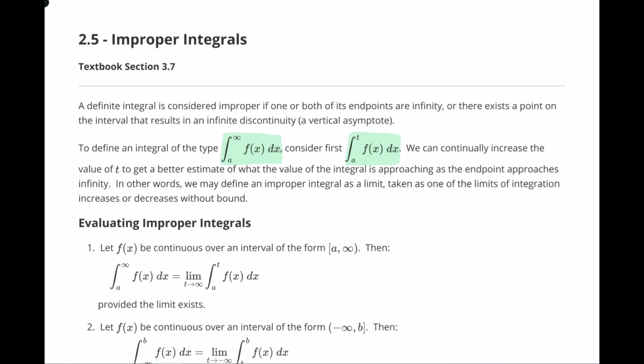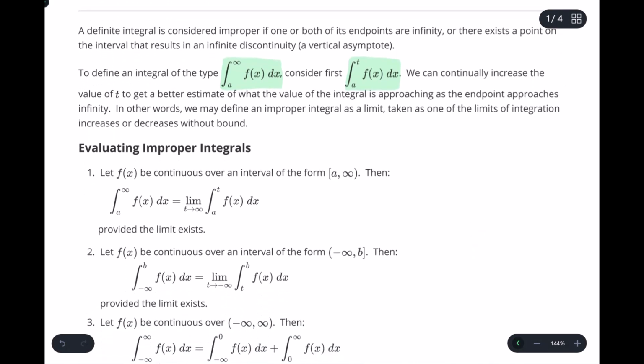So, in order to evaluate an improper integral, here's what we'll do. Let f of x be continuous over an interval of the form from a to positive infinity. So we have some function that's fully defined everywhere on this interval, so we can observe what's happening to it.